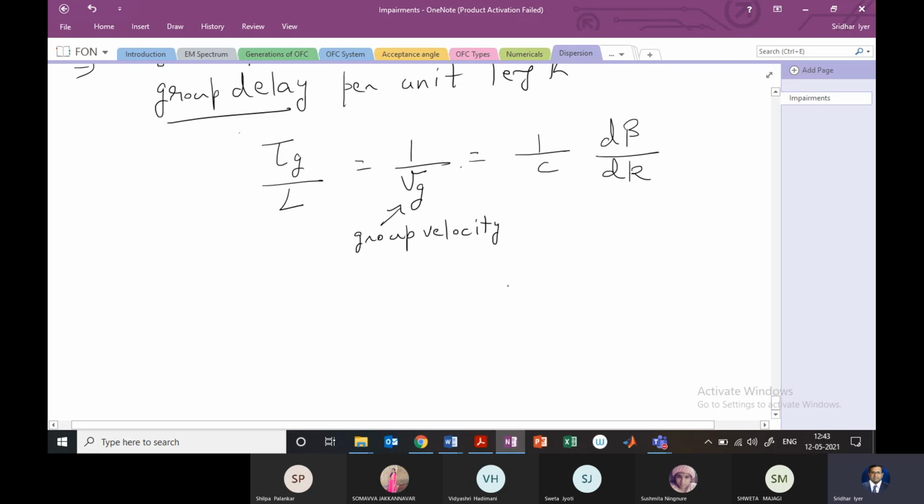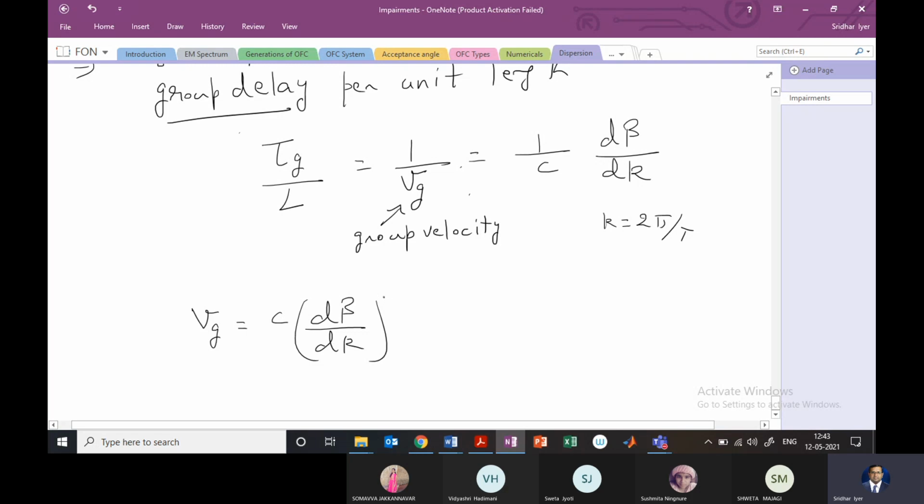So let me clearly write this. Here L is going to be the distance which is traveled by the pulse or the signal. Beta, as I said, is the propagation constant, and k is 2 pi by lambda, right? If we now substitute these equations in the equation above, Vg, if I invert it, is c d beta by dk inverse, right?